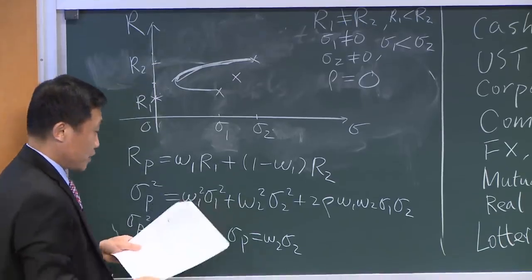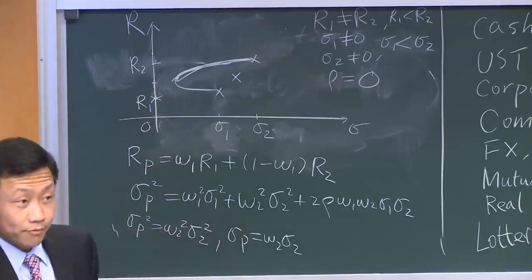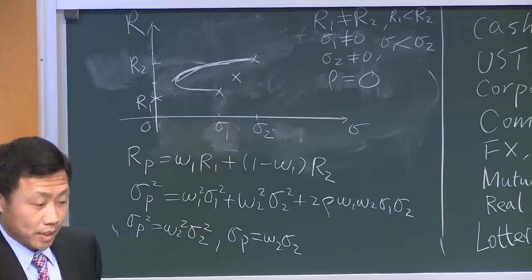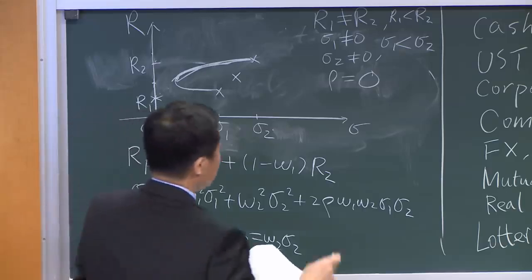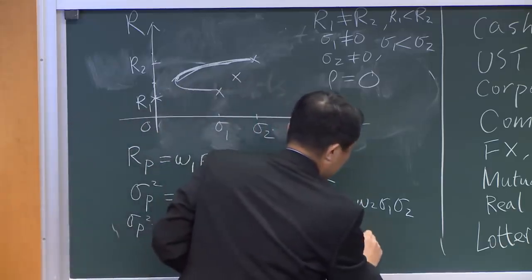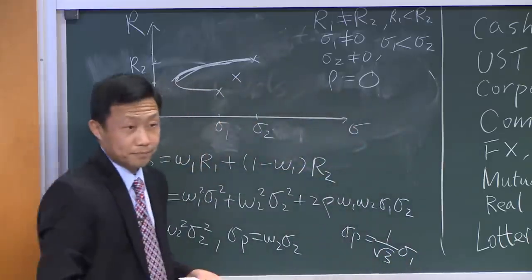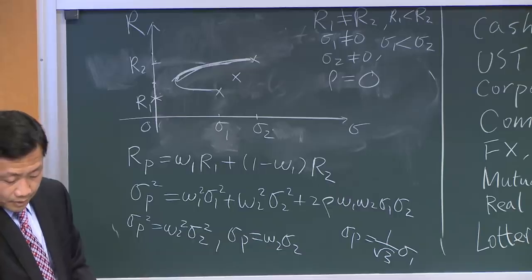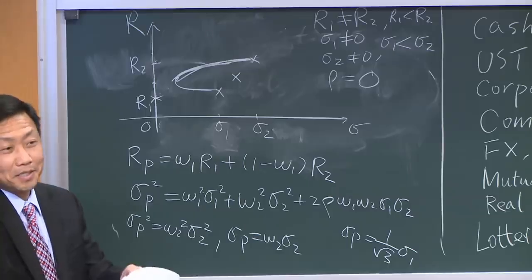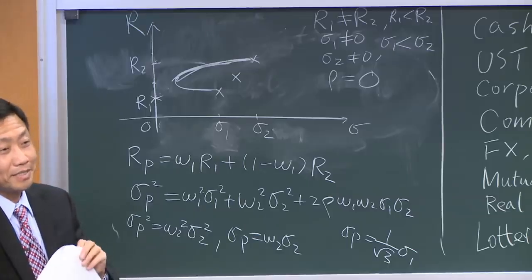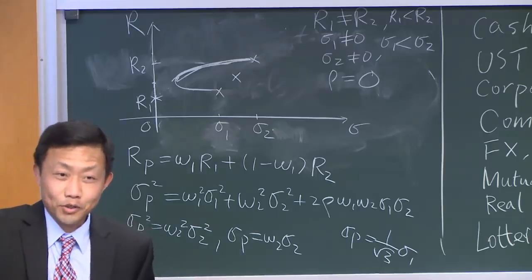And in the special case, you can verify afterwards, where all the volatilities are equal and there is 0 correlation among the assets, you're going to be able to minimize sigma p equal to 1 over the square root of 3 of sigma 1. Okay. So it seems pretty neat, right? The math is not hard and straightforward, but it gives you the idea how to answer your question, how to select them when you start with 2.